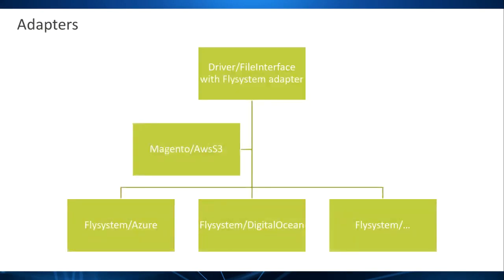So to support AWS S3, we use the Flysystem adapter from The League PHP, and this one is very robust. In its first iteration, the new functionality that you will see within the release of Magento 2.4.2, we added the AWS S3 adapter. But Flysystem itself supports many other adapters. It supports Microsoft Azure Cloud Storage, Google Cloud, and also DigitalOcean.